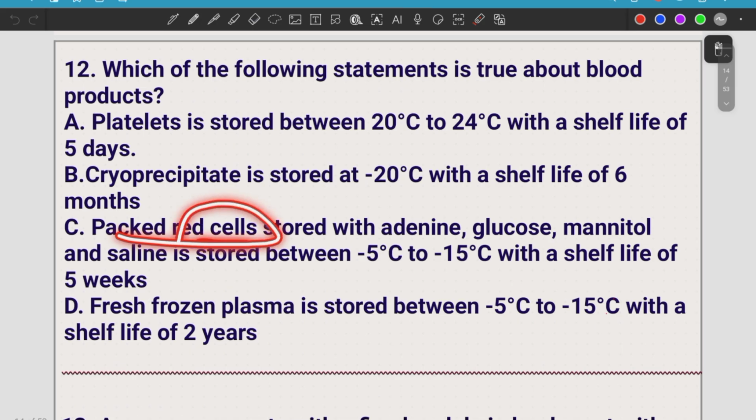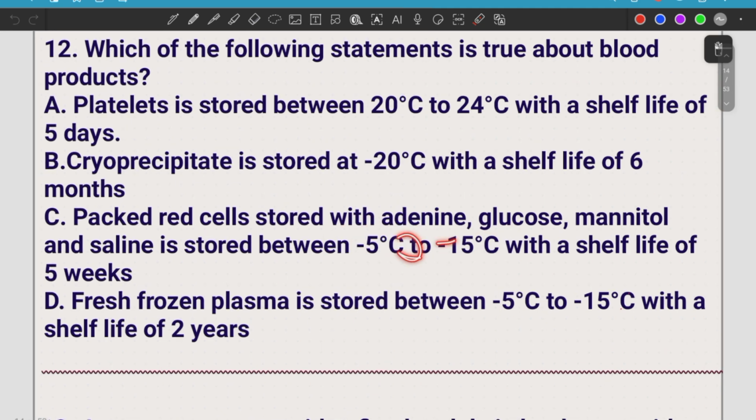Packed red cells stored with adenine, glucose, mannitol and saline, that is SAGM, stored between minus 5 degrees Celsius to minus 15 degrees Celsius with a shelf life of 5 weeks. Is it stored at minus 5 degrees Celsius? No, right? It is 2 to 6 degrees Celsius. Shelf life is maximum when you store in this, how many days? 42 days.